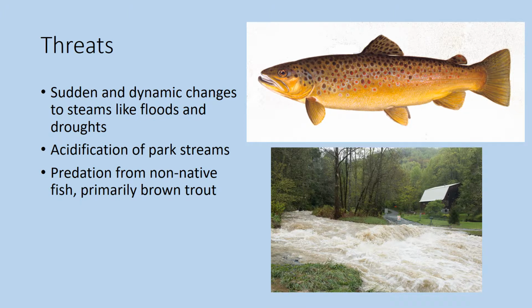And I didn't write it down in my presentation, but I have heard from other professors as well as wildlife biologists that species like the rainbow trout and the brown trout compete with their food sources and space, and so that is another way that this species is threatened.